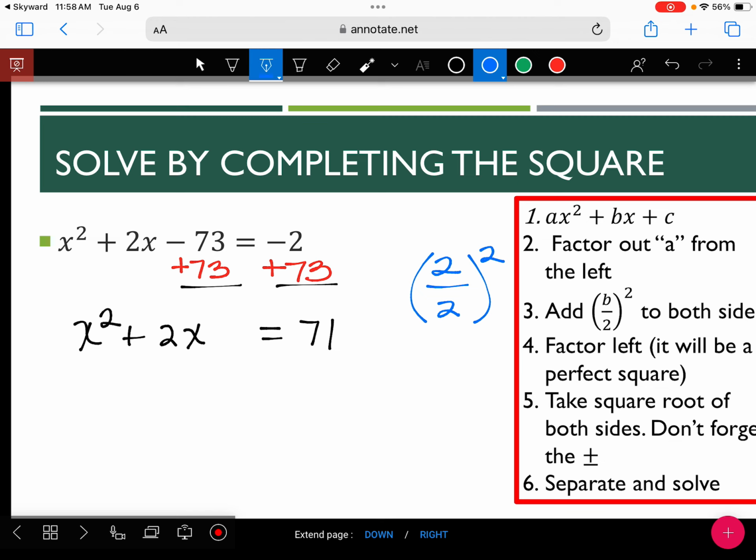So what would be the number that I'm adding to both sides? 1. So we're going to add a 1 here, and we're going to add the 1 here.